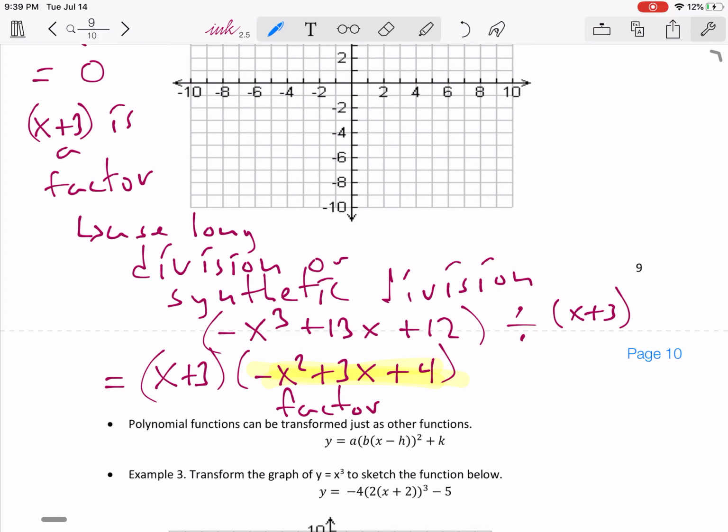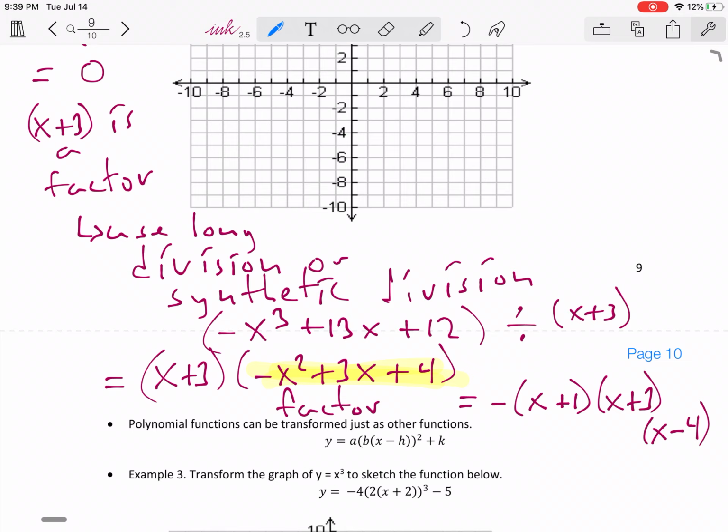Now after you do that, you factor this part, and it works out to -(x + 1)(x + 3)(x - 4), it doesn't matter what order here. So x + 1 and x + 3 and x - 4 is what you get from factoring that.